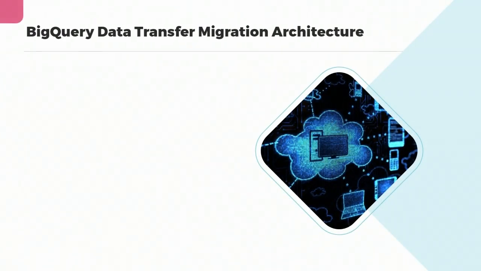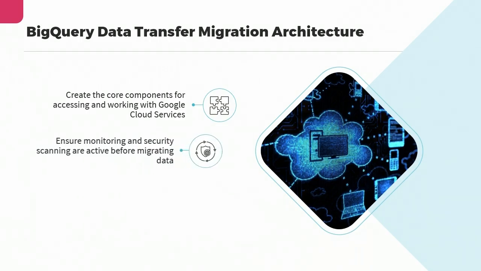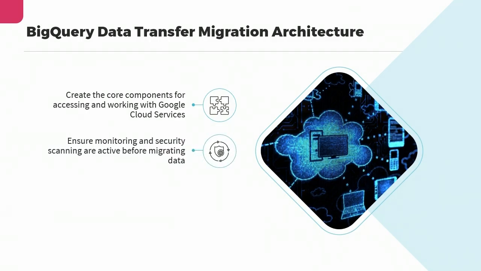Now, the BigQuery data transfer migration architecture involves creating the core components for accessing and working with Google Cloud services. So we need to set up some foundational elements, which can include the major things that all services would require, such as IAM for authorization and access, as well as billing, networking, and code pipelines. We want to ensure monitoring and security scanning are active before migrating any of our data.